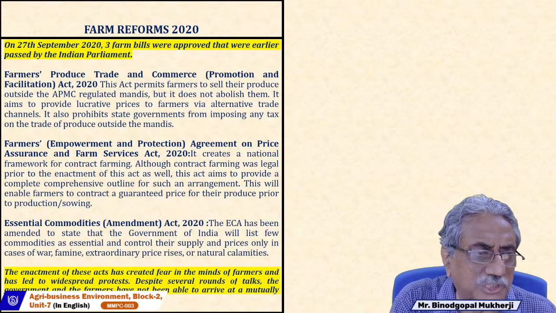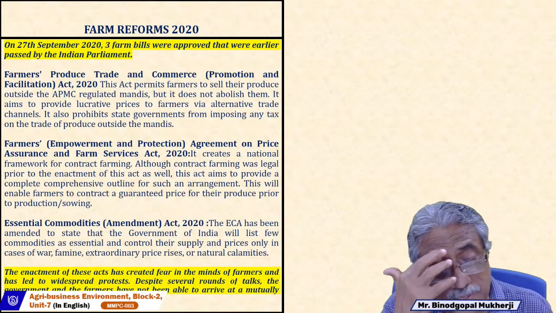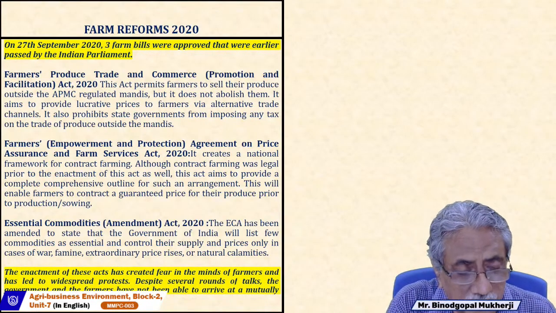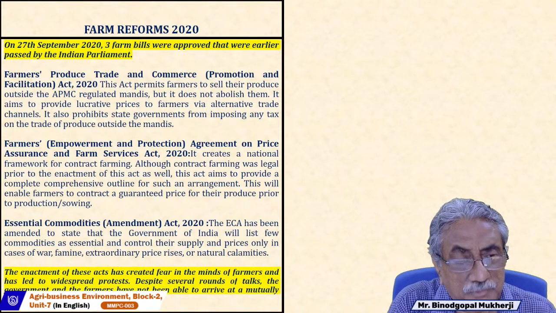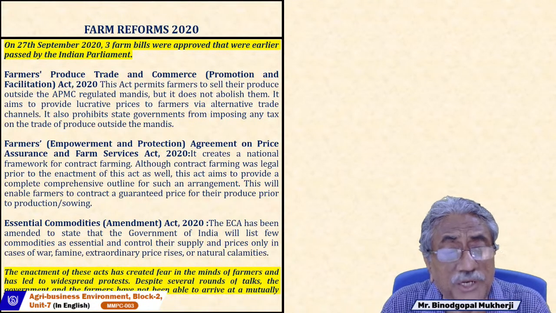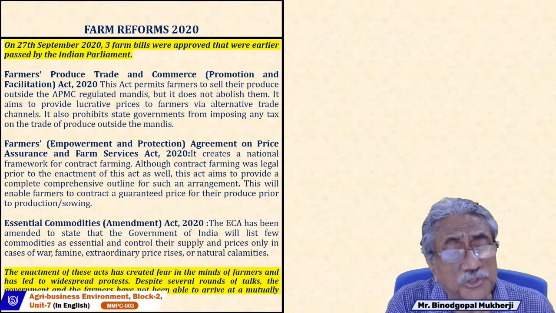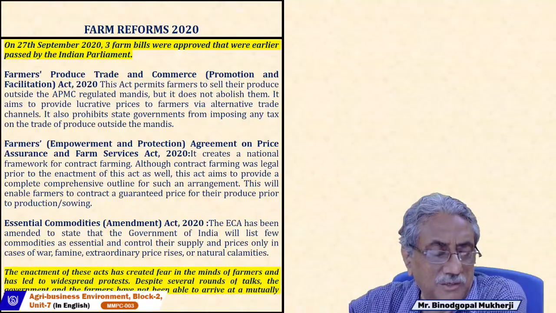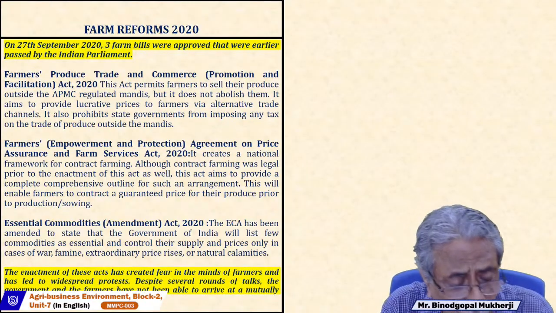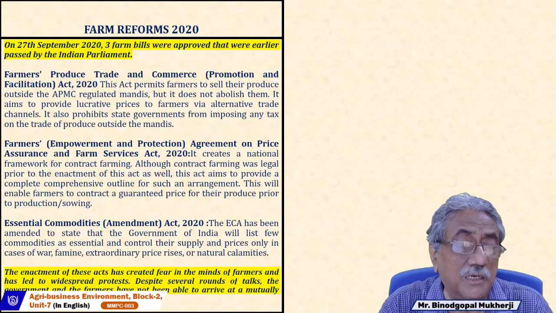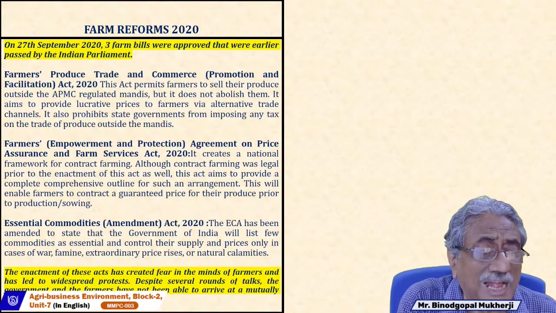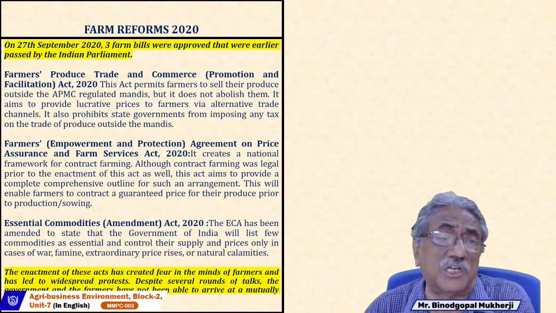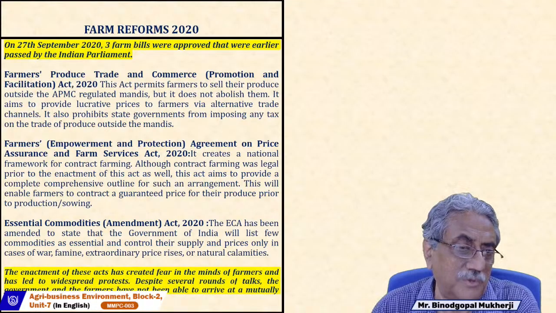So the farmer also sells at a lower price, maybe below his production price. But this is not happening when the farmer is producing more. The government is not taking it and exporting it, so that the domestic market price remains lucrative for the farmer as well as adequate for the consumers to buy.